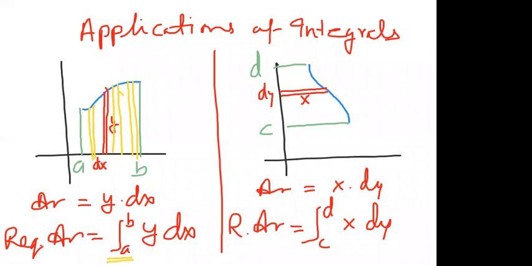So now hope you will be able to remember that the area could be calculated with respect to the x-axis or with respect to the y-axis. With any of the axes, we can calculate the area required. After this, hope you are able to understand this particular situation. Now we are going to understand this with some problems.